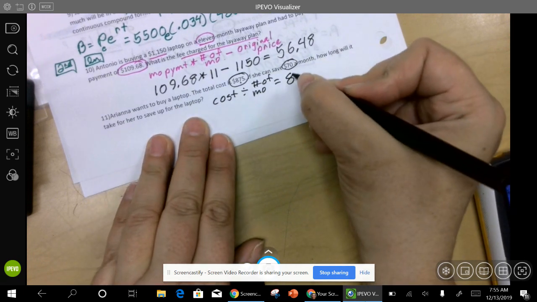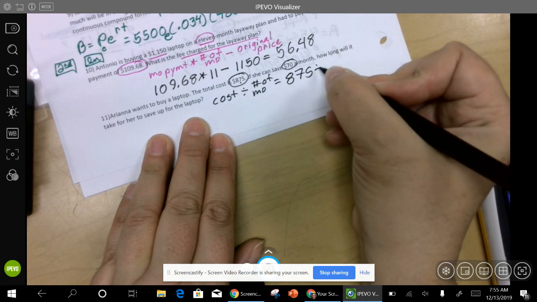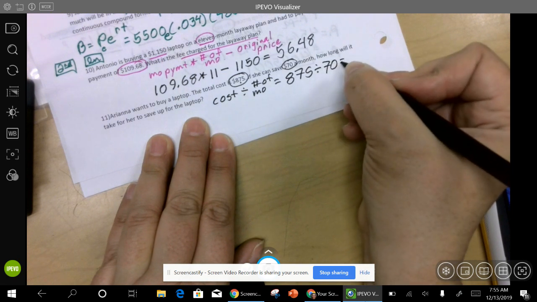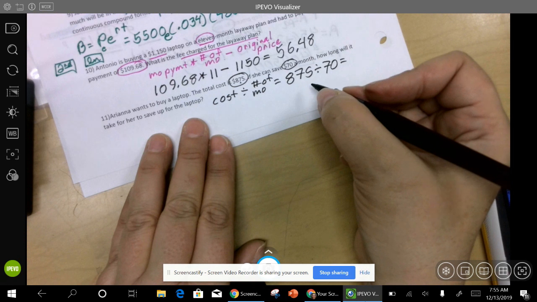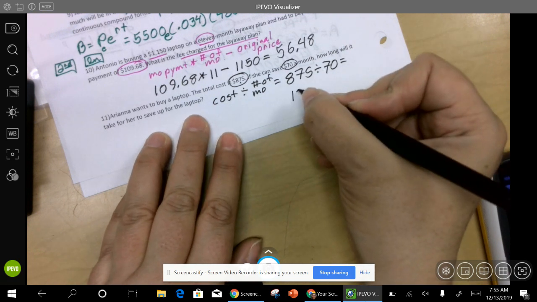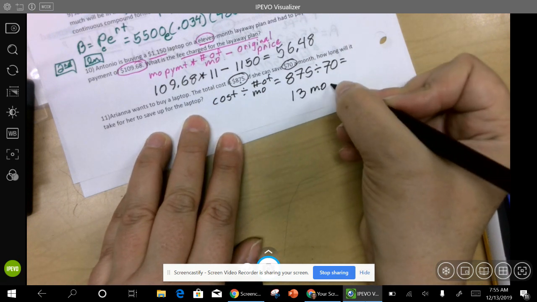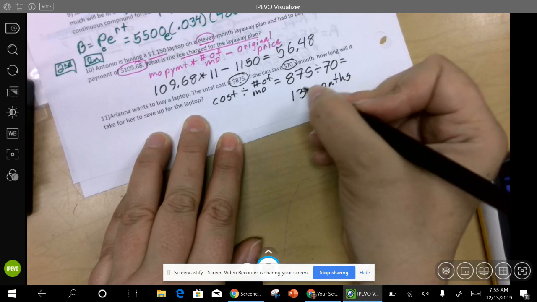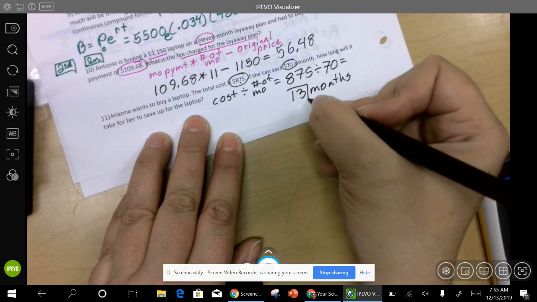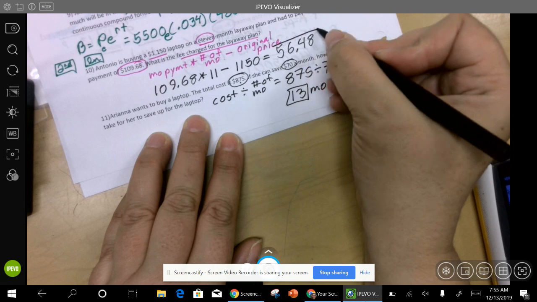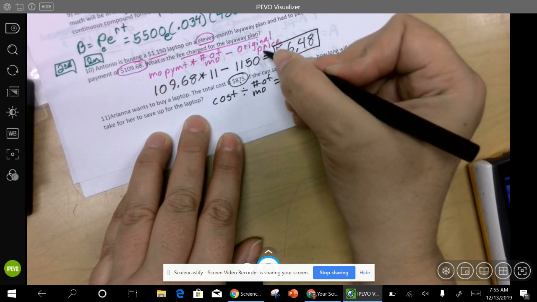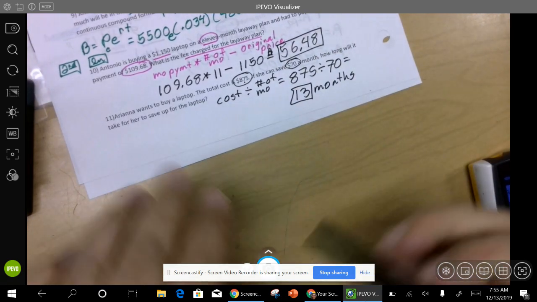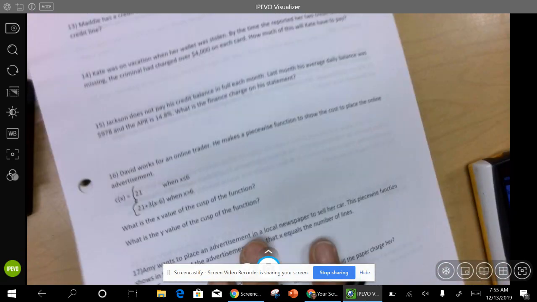So that's going to be 875 divided by 70. We are going to round up to the whole number. Okay, so it's going to take her 13 months. Okay, so that would be how long it would take her.